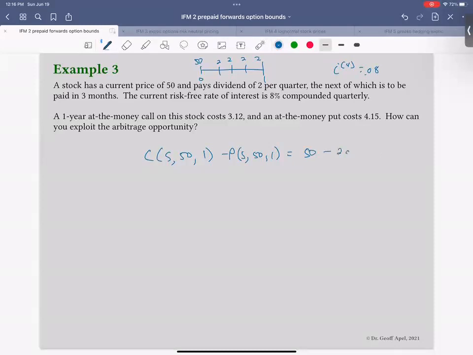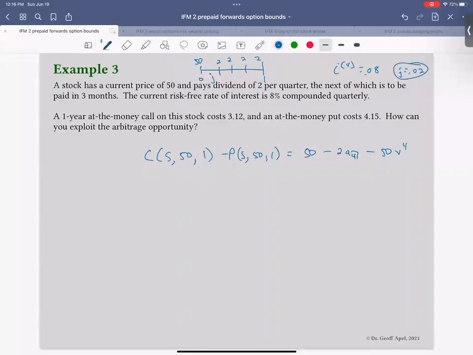So 2 a angle 4, and then minus the present value of K. So 50, I'm going to say v to the 4th, where v is for the quarterly rate. So j, and actually we know j is just 2%, right? It's just 0.08 over 4, easy.